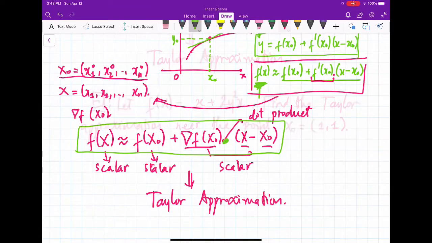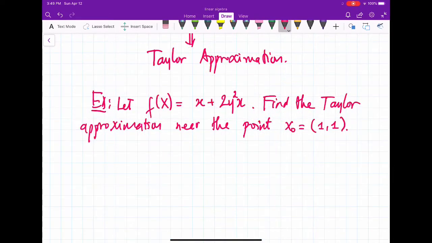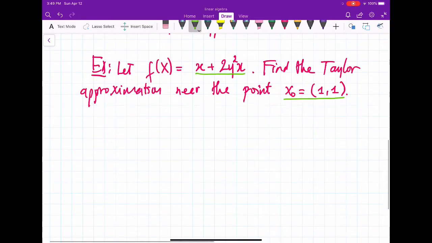Make sense? Suppose that we have some function f(x, y) equal to x plus 2y squared x. They ask us to find the Taylor approximation near the point x0 equal to (1, 1). Of course we need to find partial derivatives in order to find the gradient.